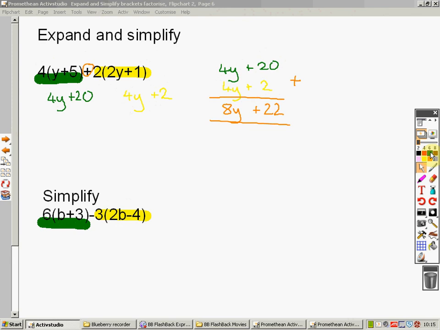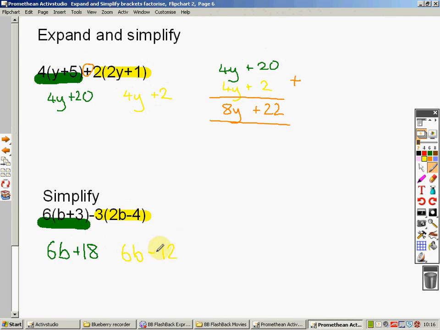So, first of all, 6 times b, 6b, need a pen there. 6 times 3, it's positive, is 18. Don't worry about the sign, let's not worry about that for the minute. 3 times 2 is 6, and it's a b, so 6b. 3 times 4 is 12, but it was a negative.